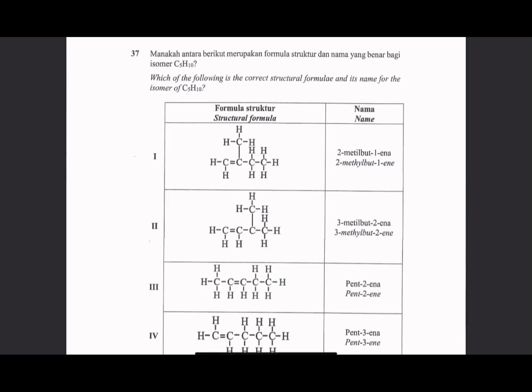Question 37. Which of the following is the correct structural formula and name for the isomer of C5H10? So this is pentane, an alkane with 5 carbon. What we have to check is the correct structural formula and the name, so we have to check both.